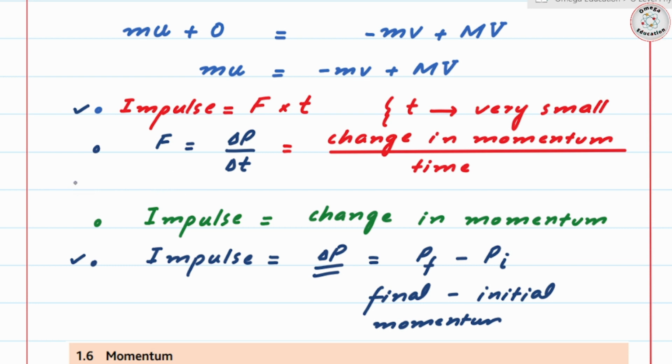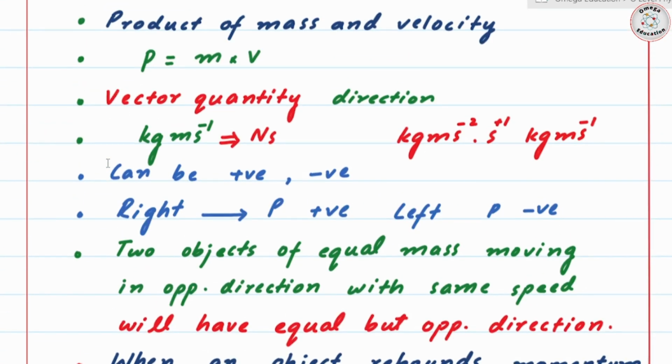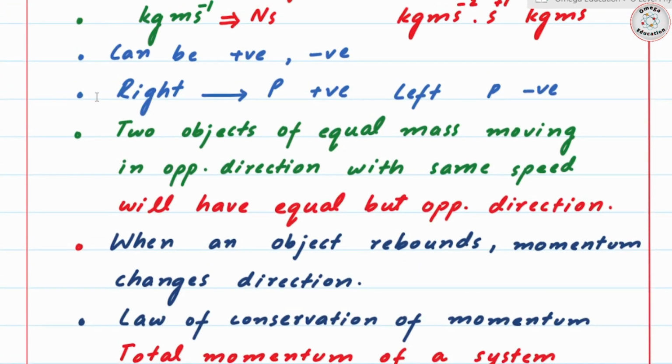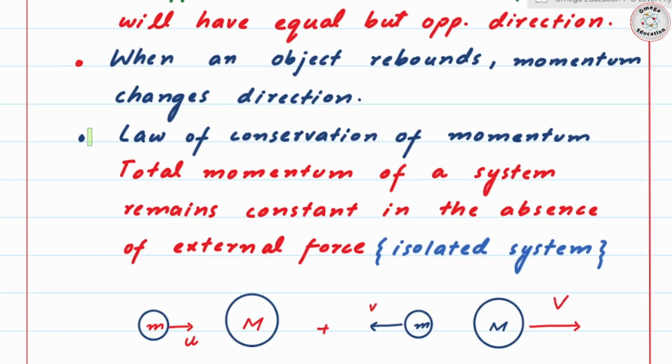Now these are the tools. These are your tools, all the mathematical formulas, starting with this one. P equals mv. The second one is the law of conservation of momentum. I don't write its mathematical expression.